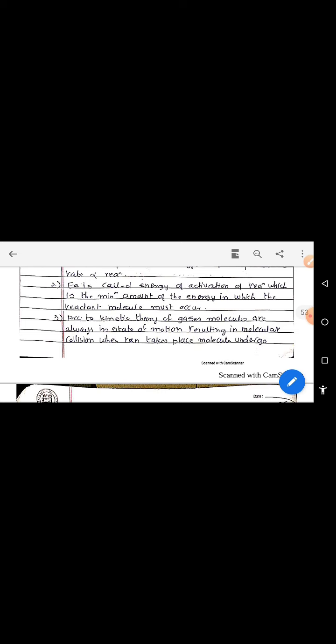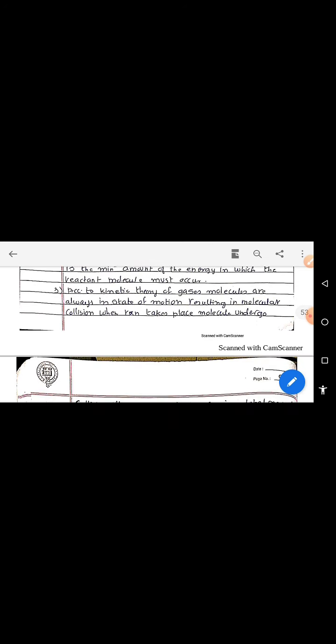Ea is called the energy of activation of the reaction, which is the minimum amount of energy that reactant molecules must possess.